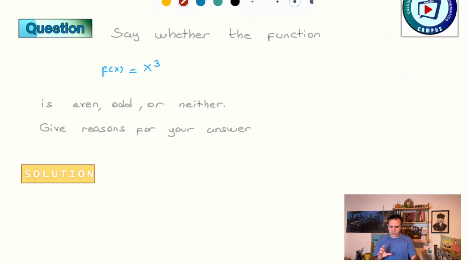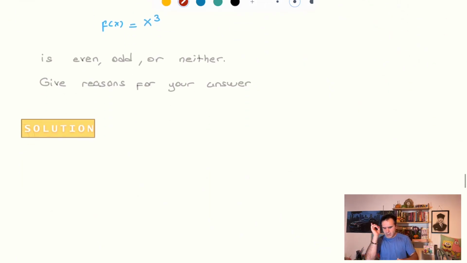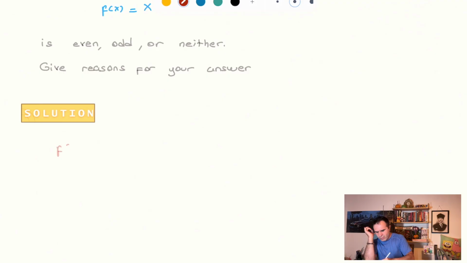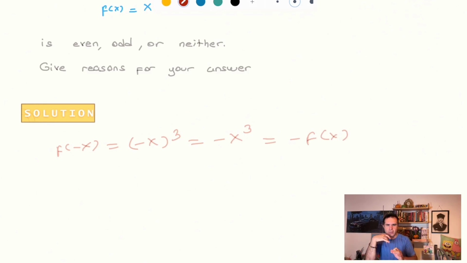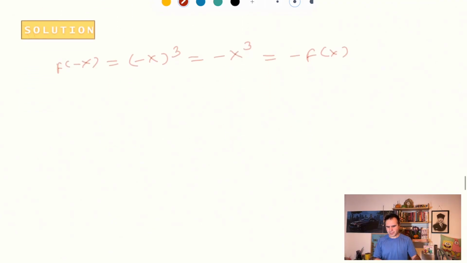For the given function f of x equals x cubed, f of minus x equals minus x cubed, and this is equal to minus f of x for all values of x. So the function here is odd.